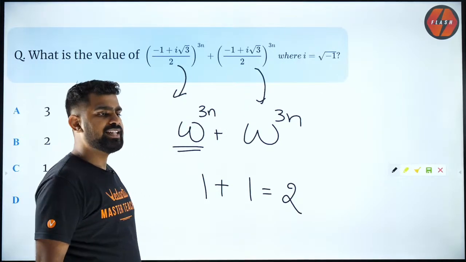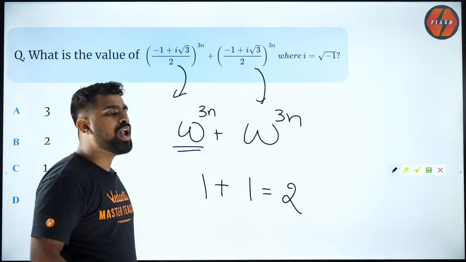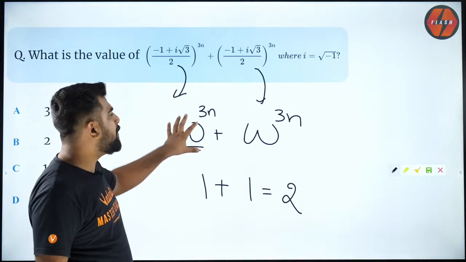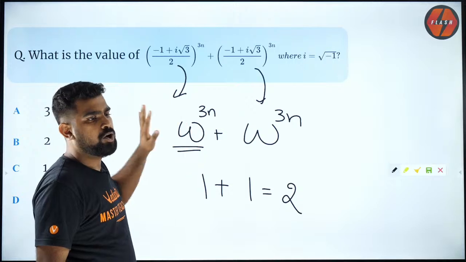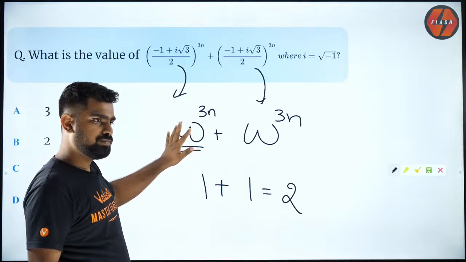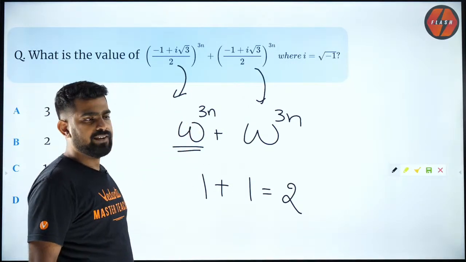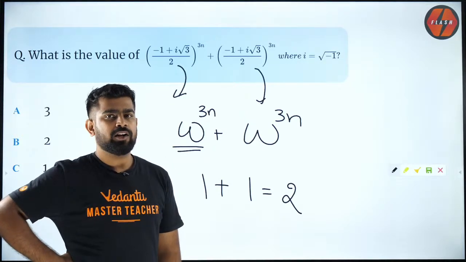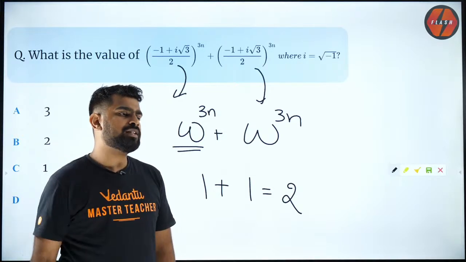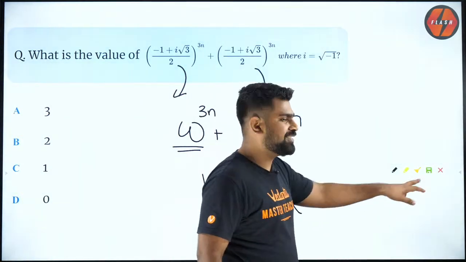It's a laddu question. Are you all clear with it now? Omega power 3 is always 1. Always 1. Everybody clear? Got it? So that is how we do it.